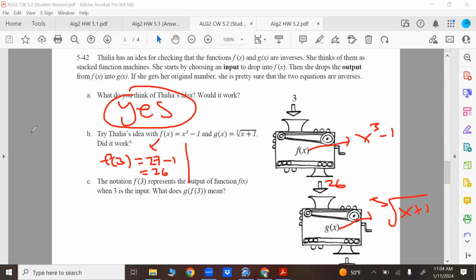Now, we'll switch colors for a bit of contrast. Let's throw 26 into the g function. You get back to 3. It comes full circle. You get 3.